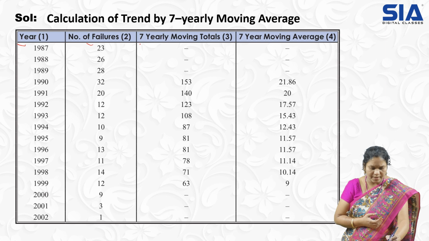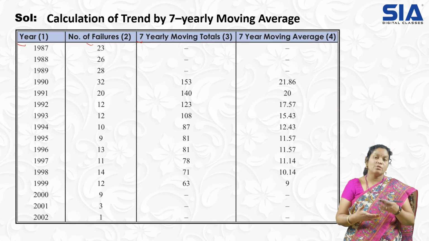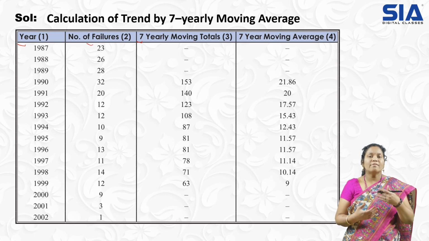So 7-year, the title you keep here, 7-year moving totals, means every 7-year values you have to add up. It's very easy to do totals, just total 7, 7, 7, but while working it out it will be a bit difficult, because first 7 years you have to add up, then the next 7 years, like that you have to go on doing.